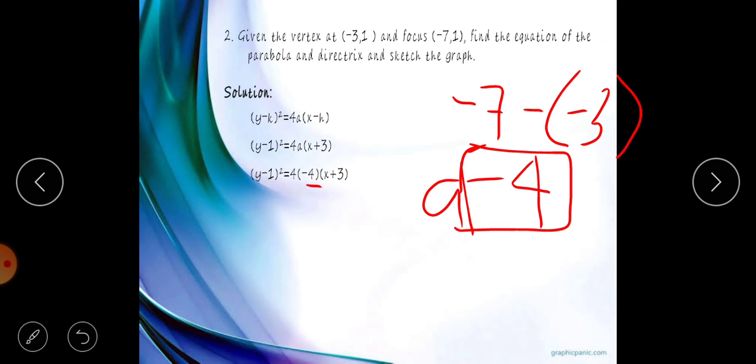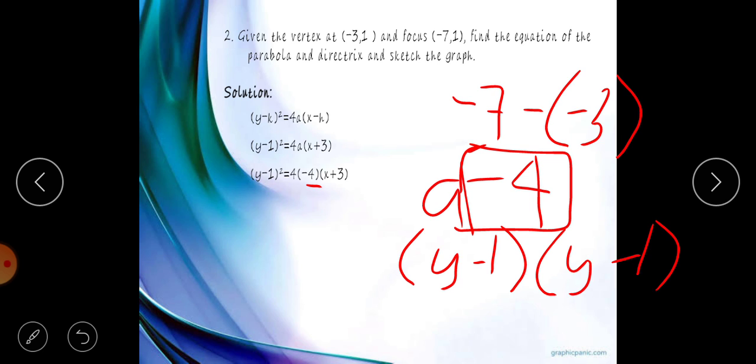To find out, we just simply multiply y minus 1 times y minus 1, and it will come up to y squared minus 2y plus 1. So this is the result of this side of the equation. After that, just multiply the other side.